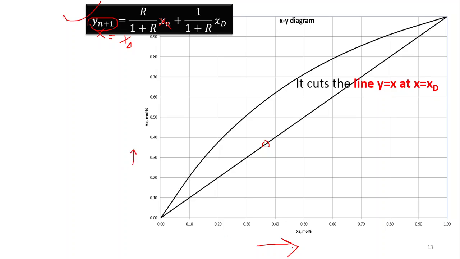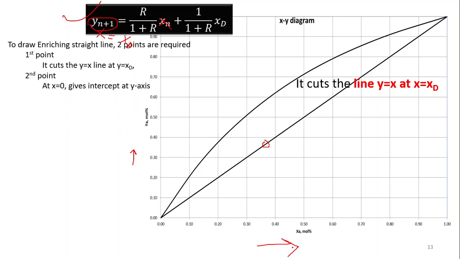Now let us put the value of xd in this graph. Xd is the distillate composition of A, at the top. I have already told you that at the top, A is recovered in a very pure form. It can be 90%, 95%, 98%, 99%. So the purest form of xd will be at the top.